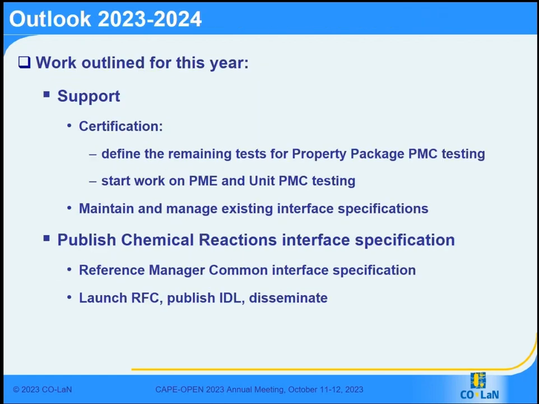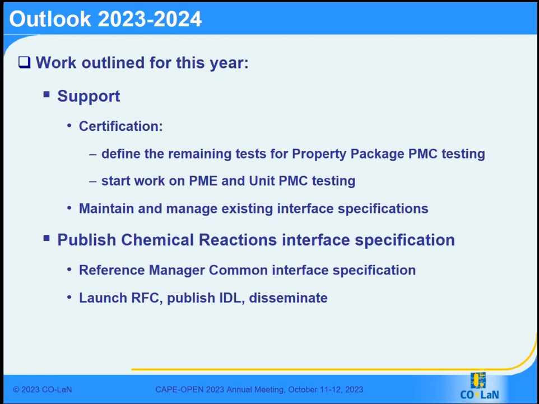And so we come to the outlook for the next year. We will continue our support for certification purposes, with the primary goal to define the remaining tests for the property package PMC. After that, we are planning to start work on the PME and unit PMC testing.